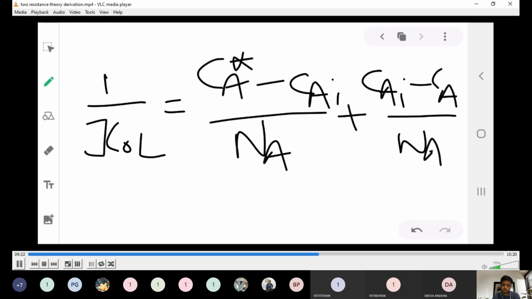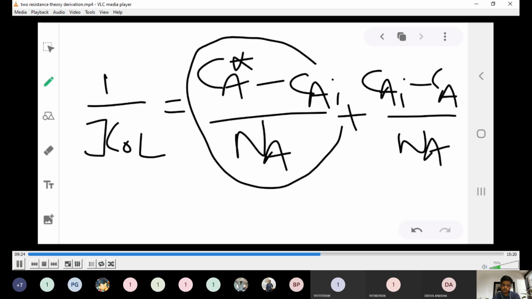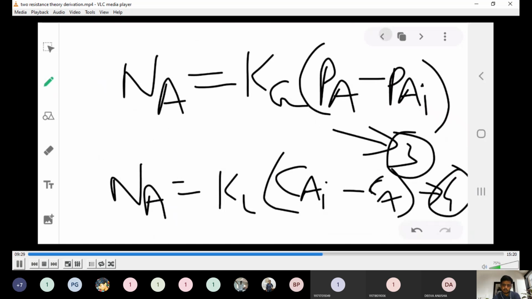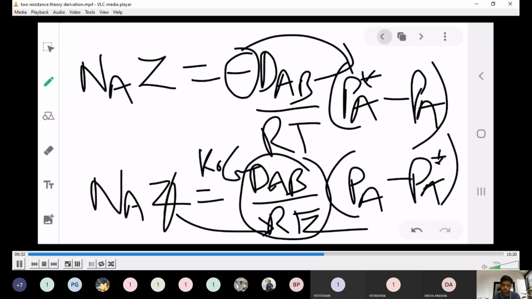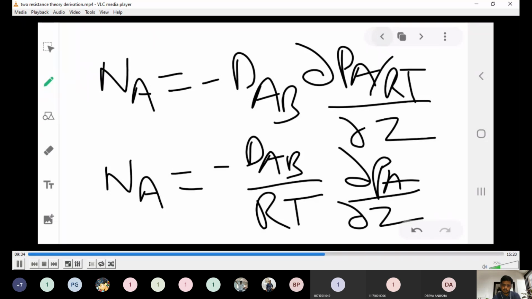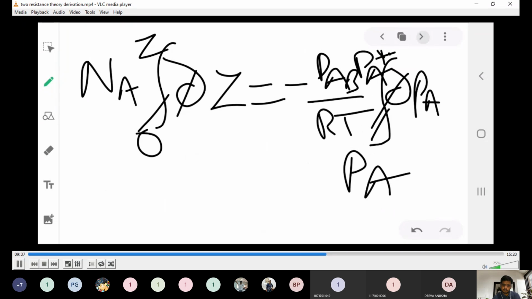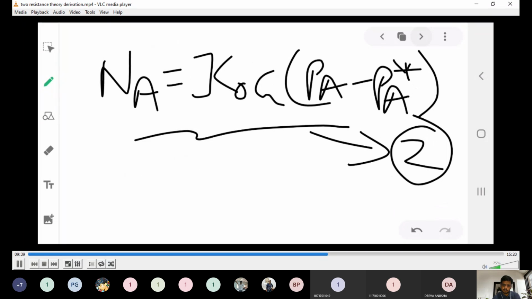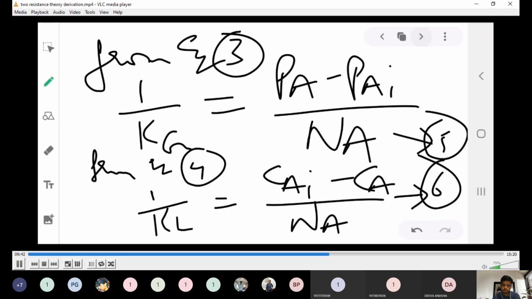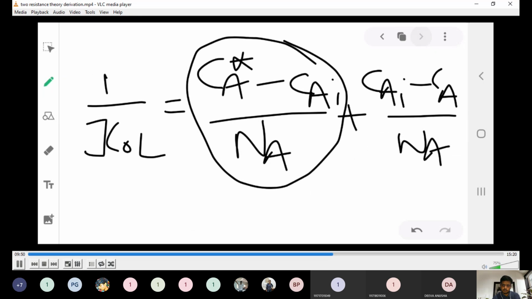From our previous equation, CA star minus CAI by NA is nothing but, from which equation? So the individual mass transfer coefficient equations. So here you can see CAI minus CA by NA is 1 by KL from equation 6. Okay, not this one.